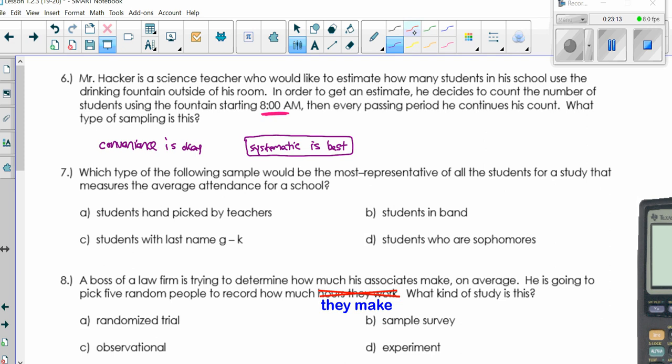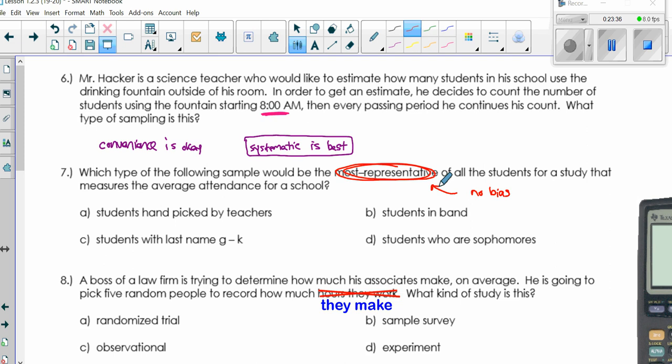Okay. All right, number 7 says, which of the following samples would be the most representative of all the students for a study that measures the average attendance for a school? Okay, most representative means that there is no bias.